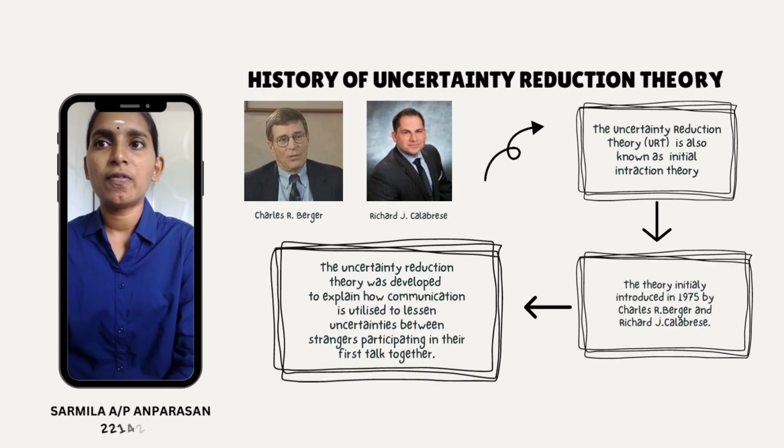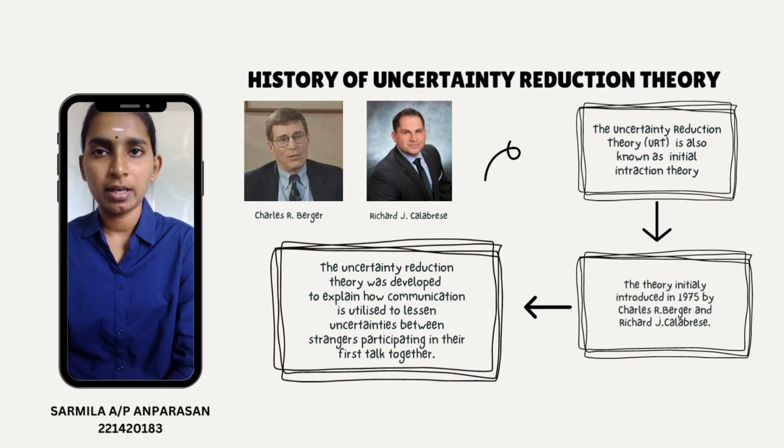A history of uncertainty reduction theory. A communication theory from a post-positivist school is called uncertainty reduction theory. This theory was initially introduced in 1975 by Charles R. Berger and Richard J. Calabrese, also known as initial interaction theory.